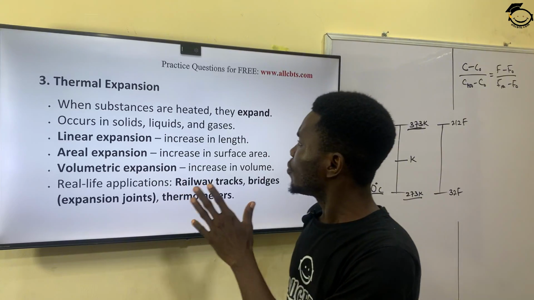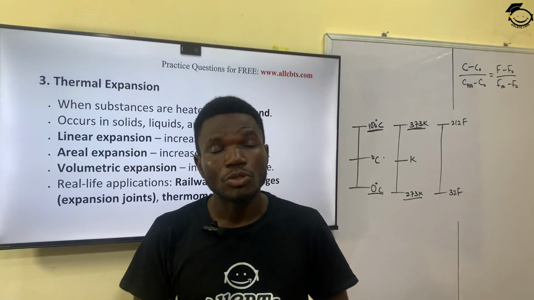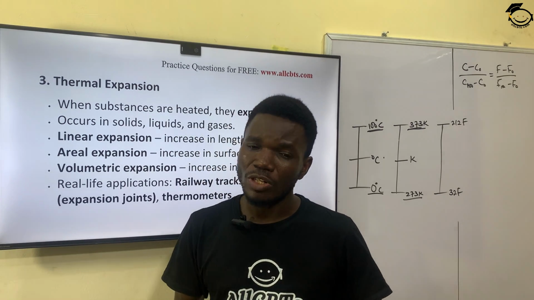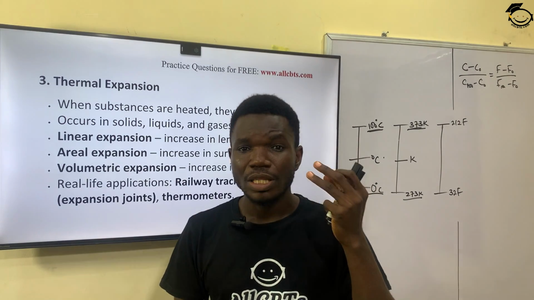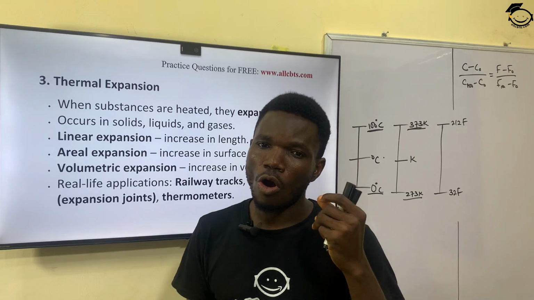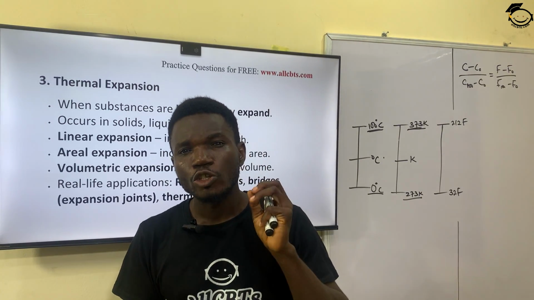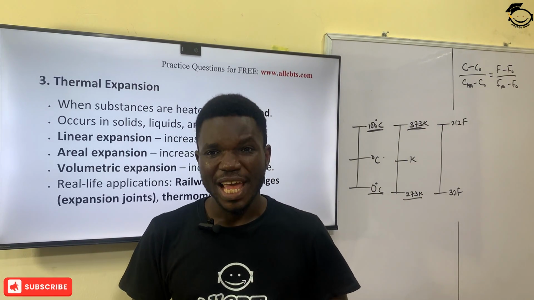Now, moving on to the types or forms of expansivity, we have linear expansion, also called linear expansivity. We have superficial expansion, also called area expansivity or area expansion. We have cubic expansivity, also called volume expansion or volume expansivity.